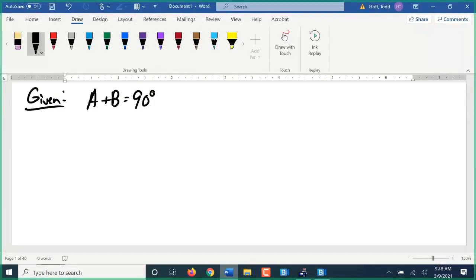So A plus B equals 90 degrees. So they're complementary angles. If I tell you that the sine of angle A equals 0.4 and the cosine of angle A is... I gotta change that a little bit.